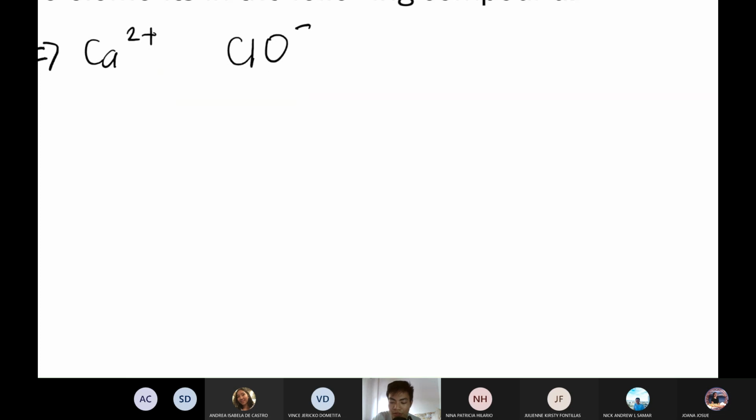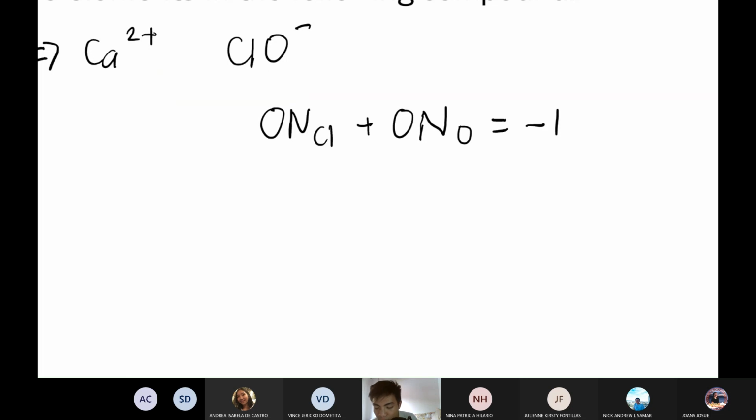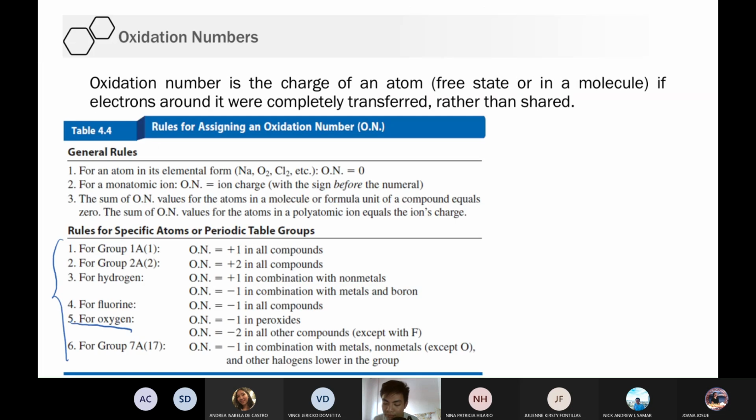In equation form, that's the oxidation number of Cl plus the oxidation number of oxygen equals the charge, which is negative 1. Let's see if Cl and oxygen are in the table. Oxygen, it's not a peroxide. O and Cl are adjacent, and there's only one of each.